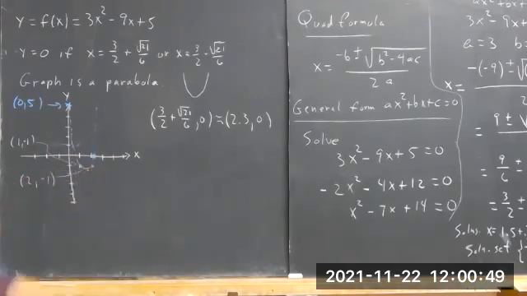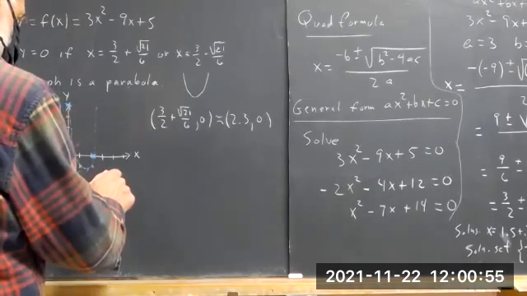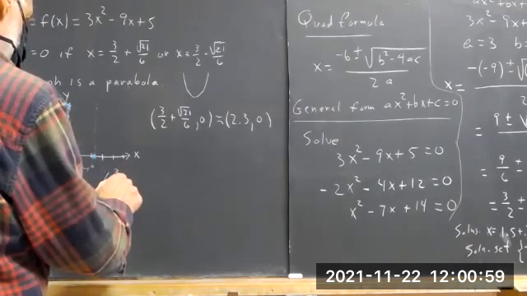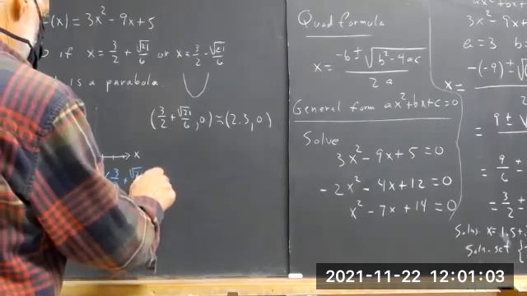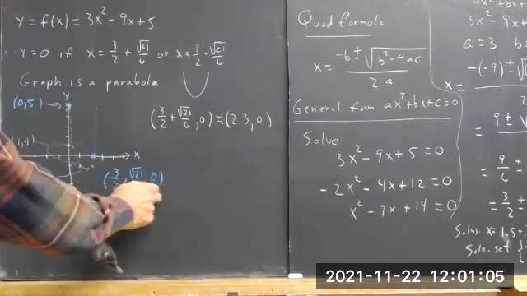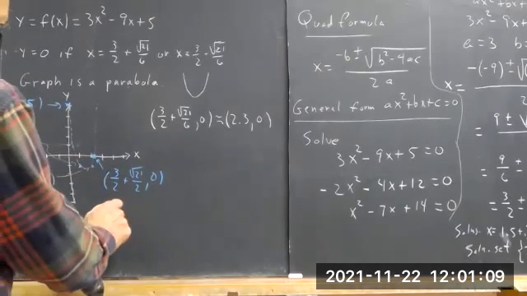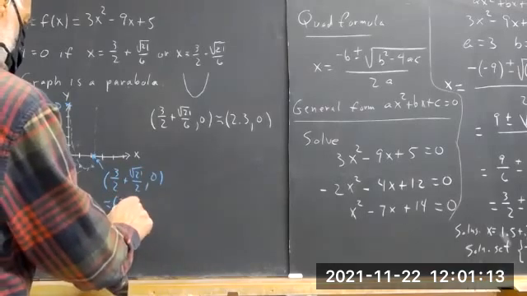But drawing an approximate curve, this point should be 3 halves plus the square root of 21 over 2, 0, which is approximately 2.30.